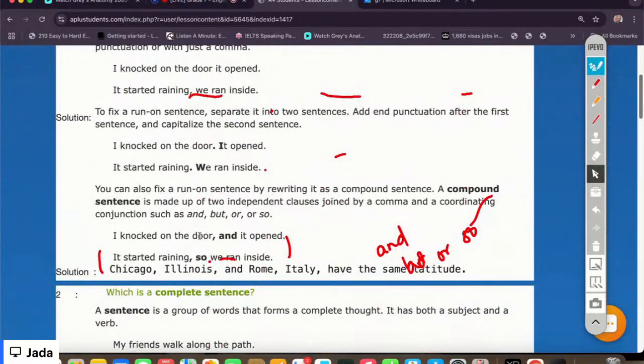So just like this: I knocked on the door, with a comma, then and, a conjunction, it opened. All right, so a coordinating conjunction. So you can choose to fix it both ways, either by putting a period and starting the next with a capital letter, or by using a comma and a coordinating conjunction.